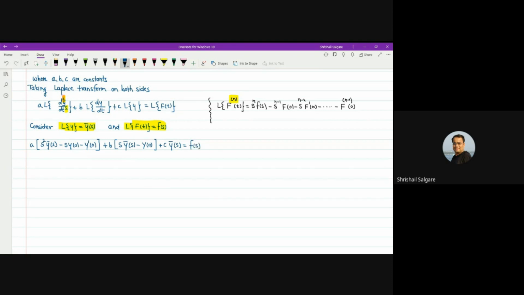Okay. Now after this what happens, you have to convert this equation to some y bar of s equal to some function of s and apply inverse Laplace transform to find the solution.